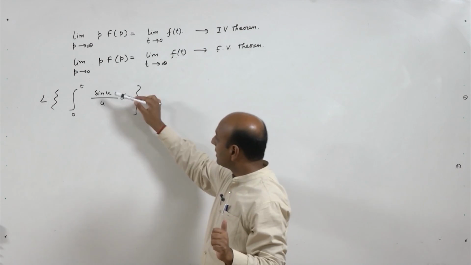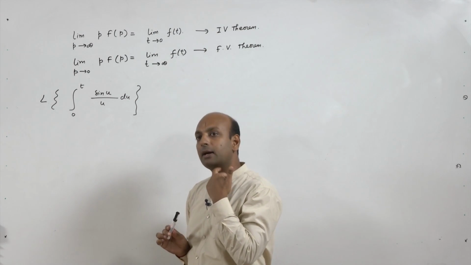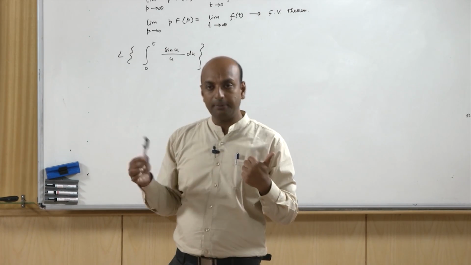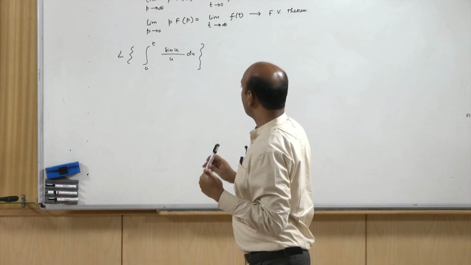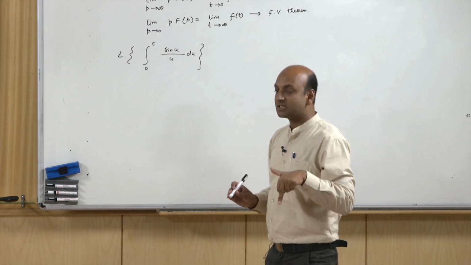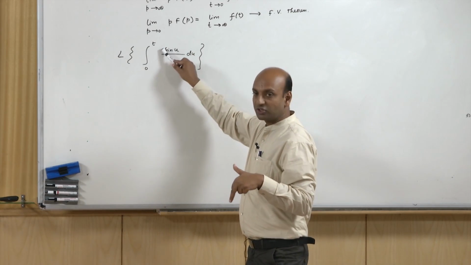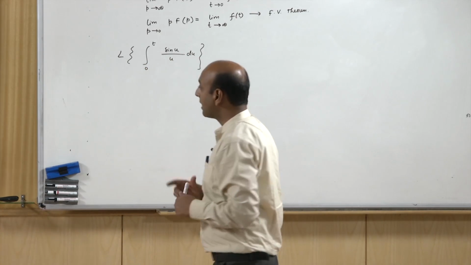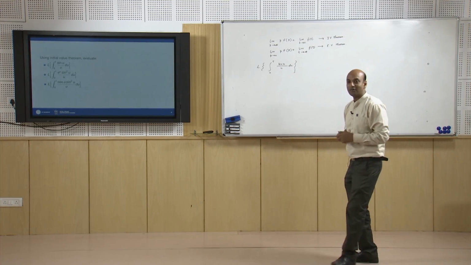Then sin t upon t is given by the integral p to infinity of F(p) dp, okay, and then for 0 to t it is nothing but F(p) by p, where F(p) is the Laplace of this entire function. That we have already discussed in the last lectures. Now, how to find the Laplace of this function using the initial value theorem, okay.